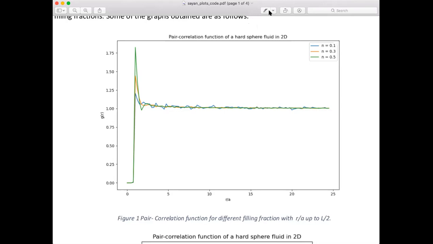Otherwise, the constants won't match, right? If we don't divide by the filling fraction, g of r by 2 pi r dr will go to different values. They will not converge to 1. We have to divide by n, then only it will go to 1 in the end. I have to check the expressions, how we defined things.